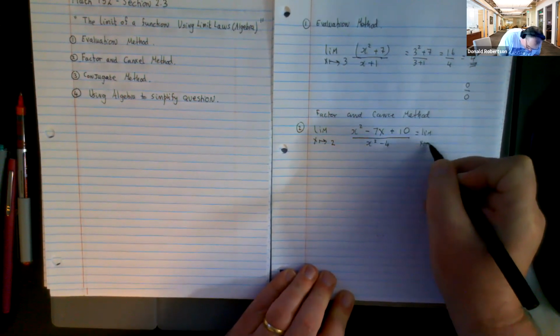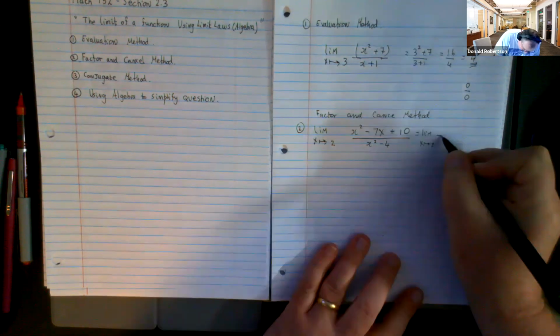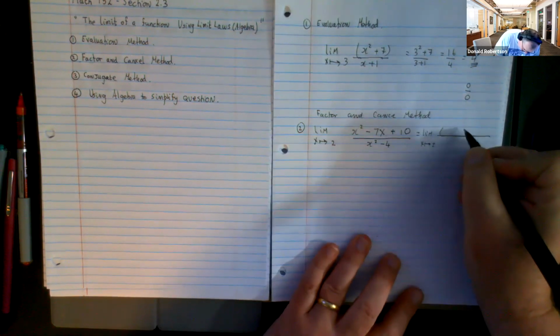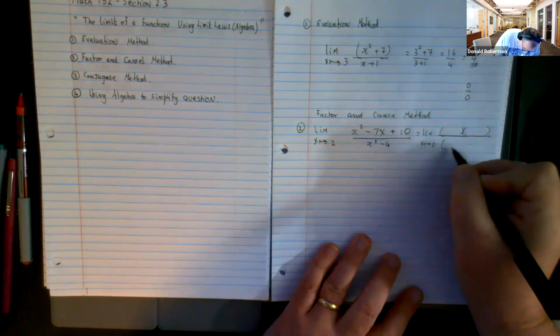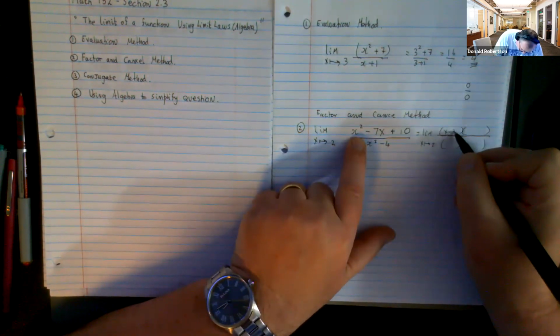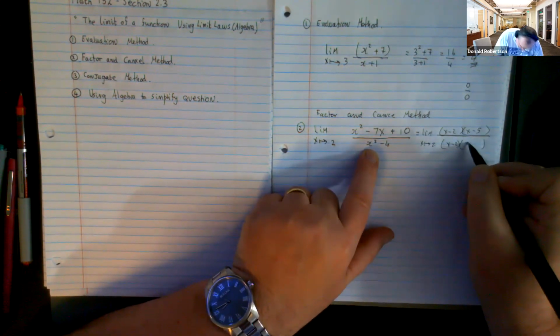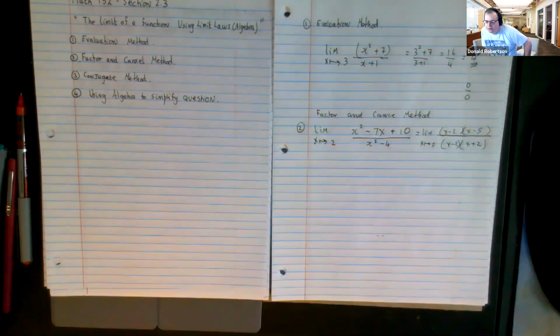And if the expression looks like it's factorable, if there is such a word, then you should do it. This one is x take away 2, x take away 5. And this one is x take away 2, x plus 2.